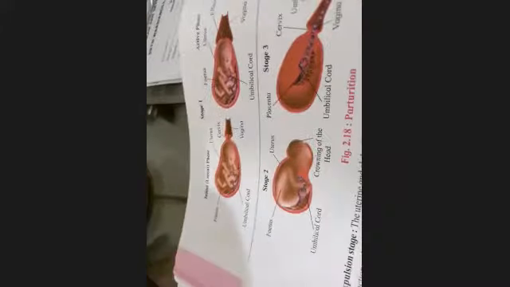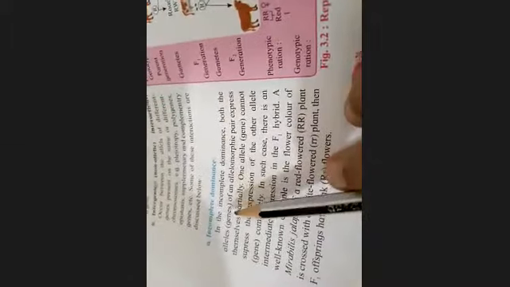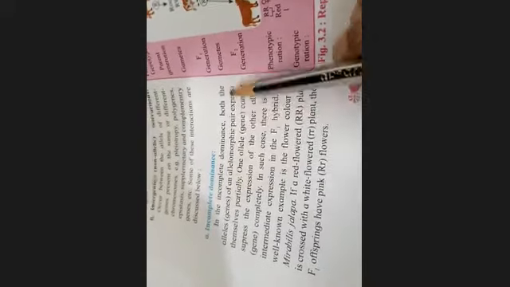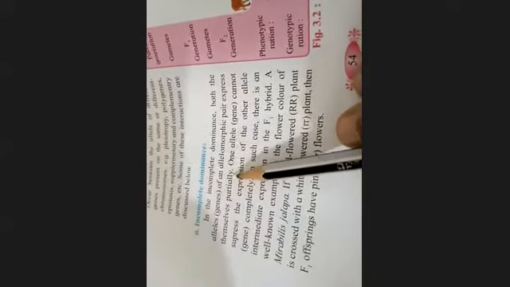Now, just see this. Incomplete dominance. In incomplete dominance, both the alleles or the genes of an allelomorphic pair express themselves partially. One allele gene cannot suppress the expression of the other allele gene completely.